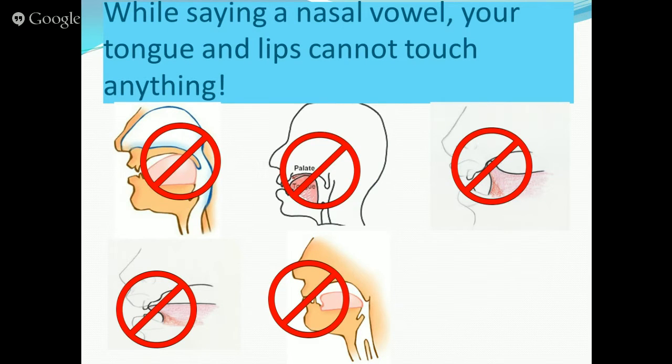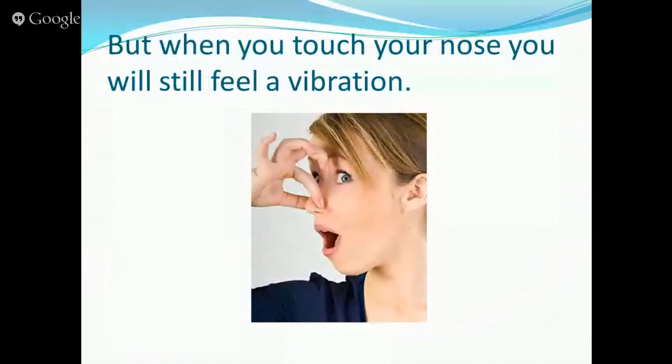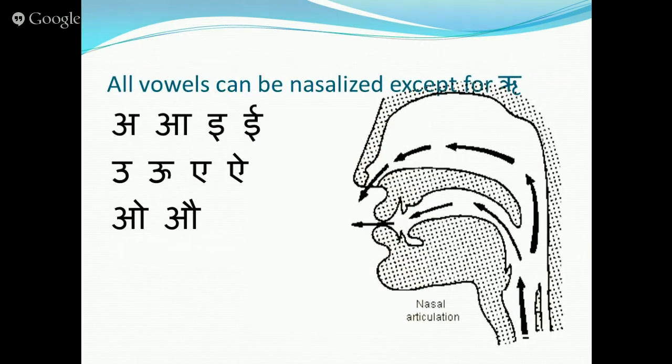Don't close, and don't scrape the back of your throat. And so when you touch your nose, however, you will still feel a vibration. And so they hold this in common with the nasal consonants, the N and M sounds. With a nasal vowel, you still feel a vibration.